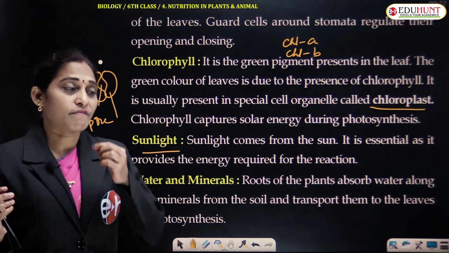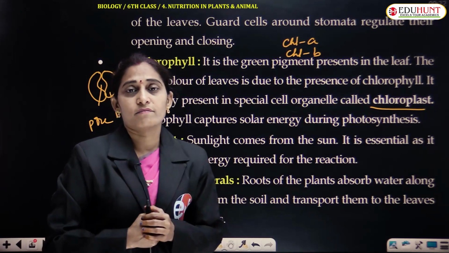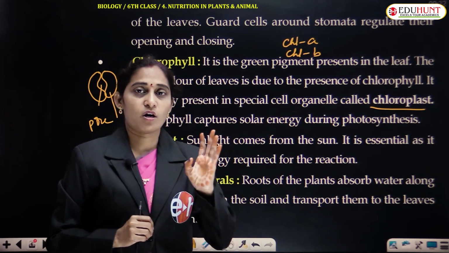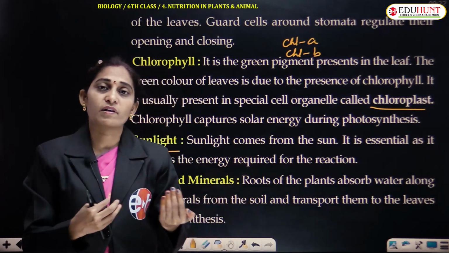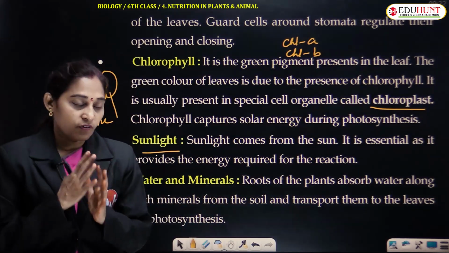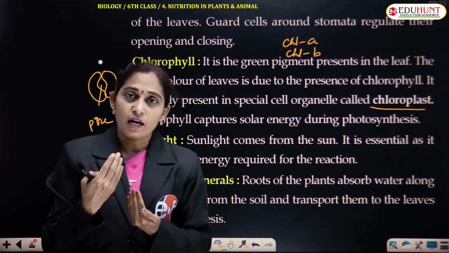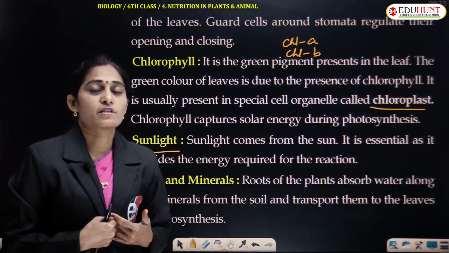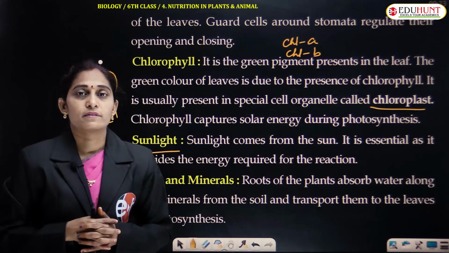If we pass white light through a spectrum, it will split into 7 different colors: violet, indigo, blue, green, yellow, orange, red. All these colors have different wavelengths, and for photosynthesis, in which colored light, in which wavelength, does photosynthesis take place? The answer is first blue, then red.